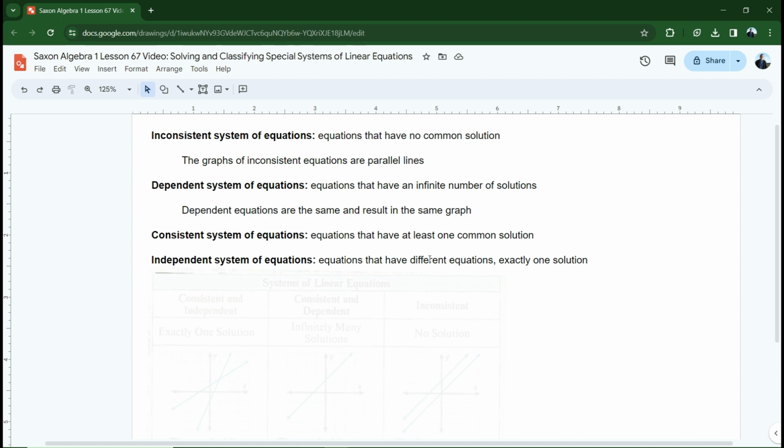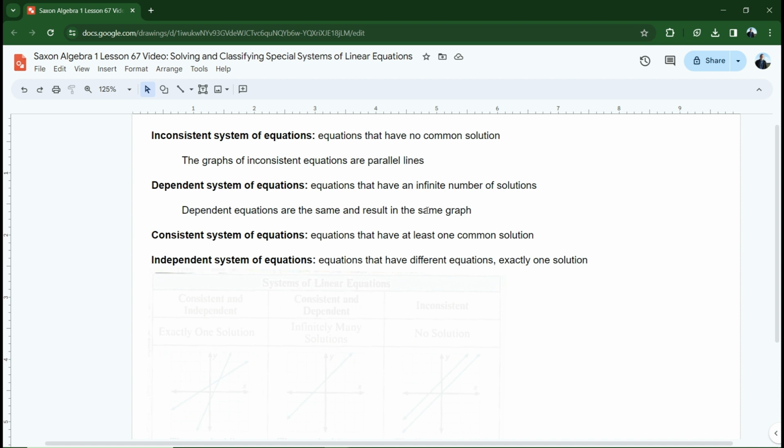So the big question is, do independent systems include parallel lines or exclude them? If they exclude parallel lines, then independent systems have just one solution where two lines intersect. If they include parallel lines, then independent systems might have no solution, where the only difference between the graphs is the y-intercept, and the slope is the same, so the graphs are parallel.